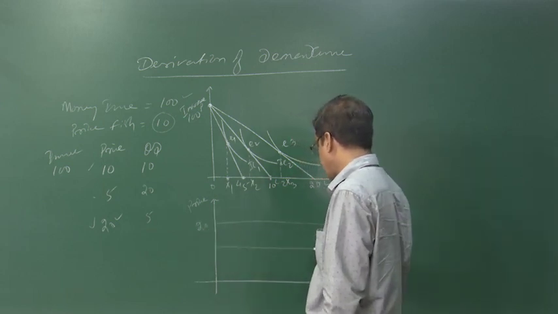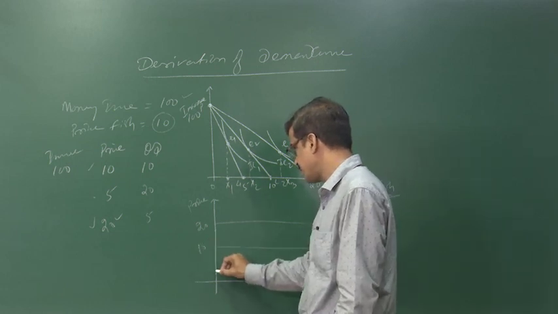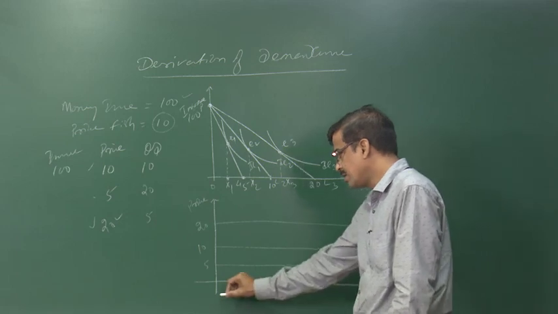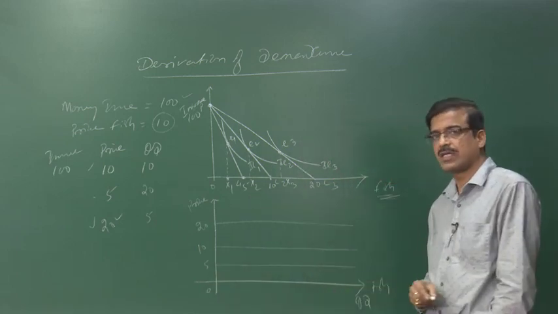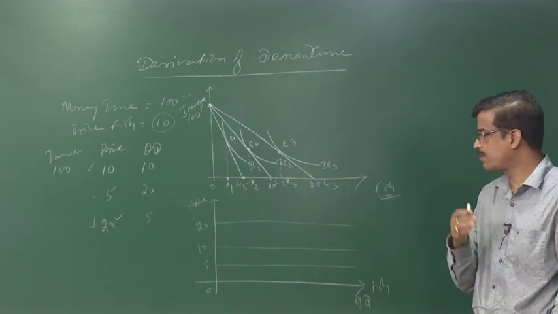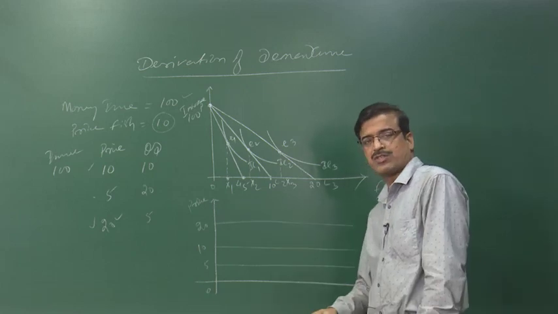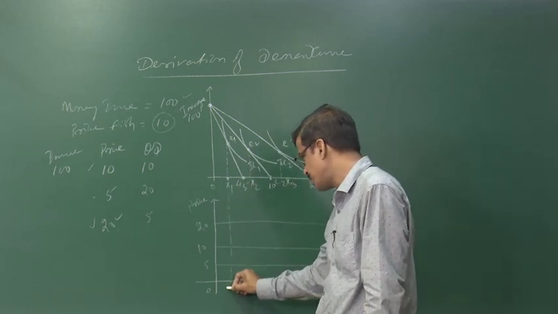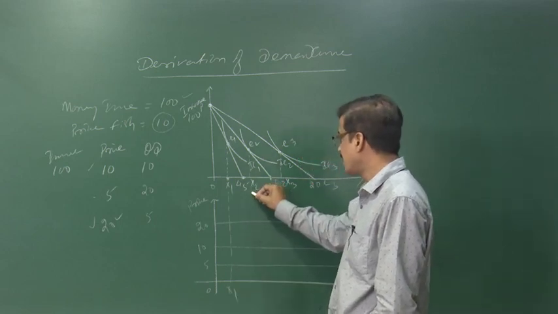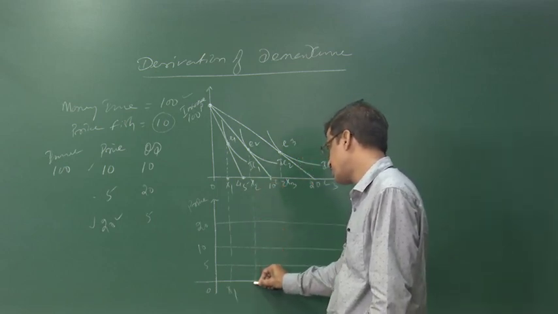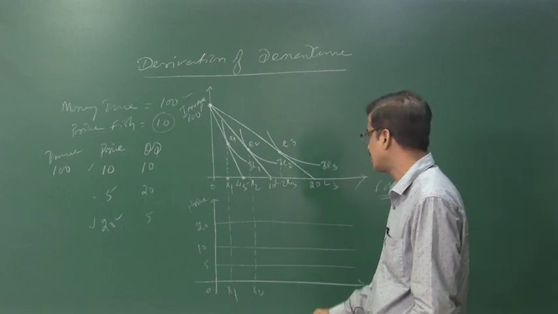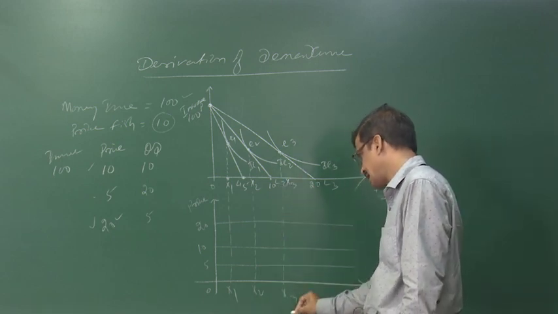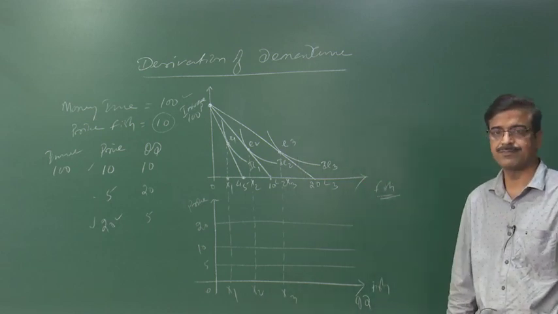This is the second price, 10 rupees. This is the third price, 5 rupees. At these prices we see how many units are consumed. At this point the consumer consumes x1 units of the product, at this point x2 units, and at this situation x3 units of the product. Okay.